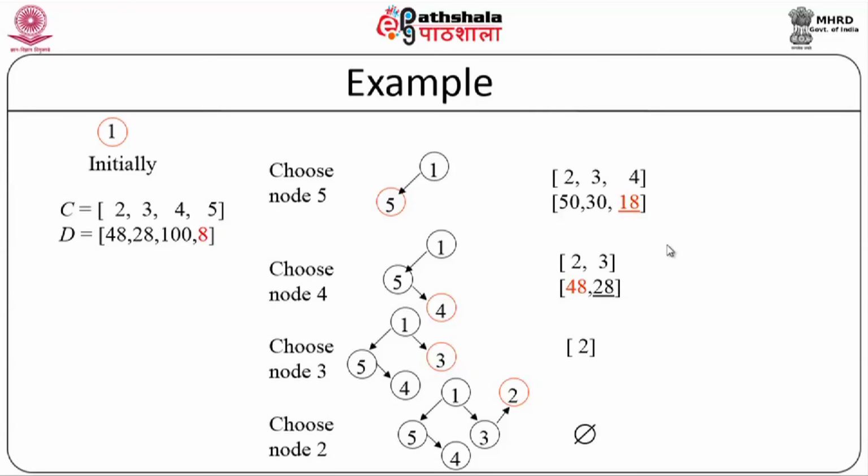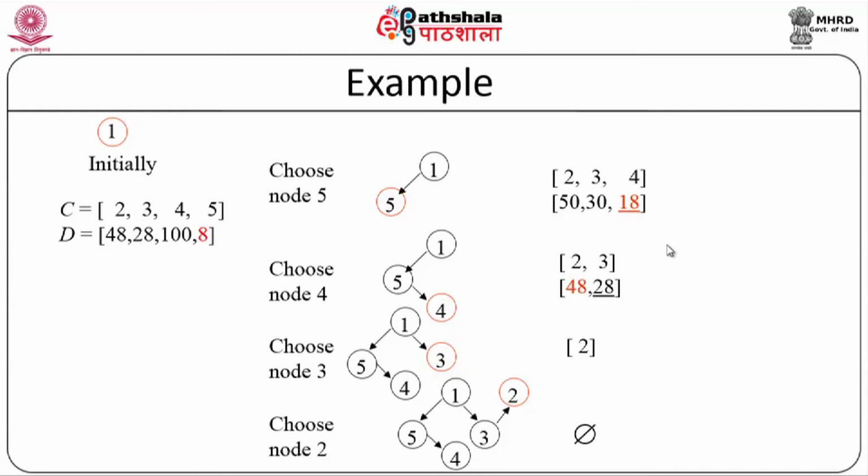Now nodes 1 as well as 5 are both available. Again I check which is the nearest one to either node 1 or 5. You can see that the minimum is for node 4. Therefore, I generate the shortest path tree like 1, 5 and 4.